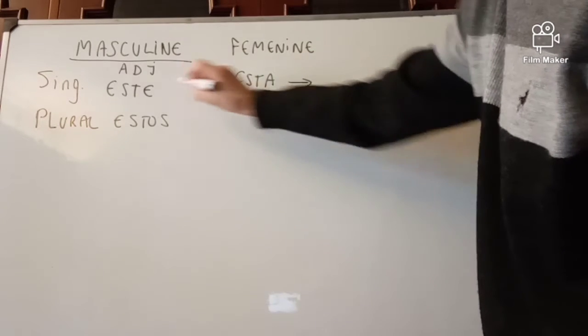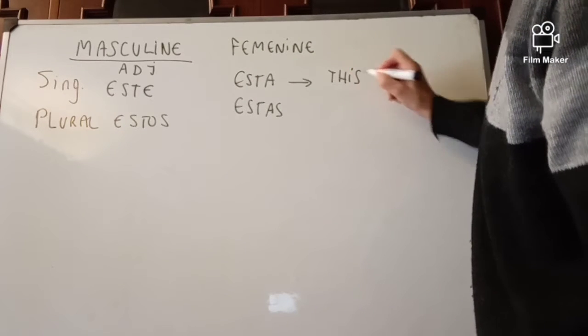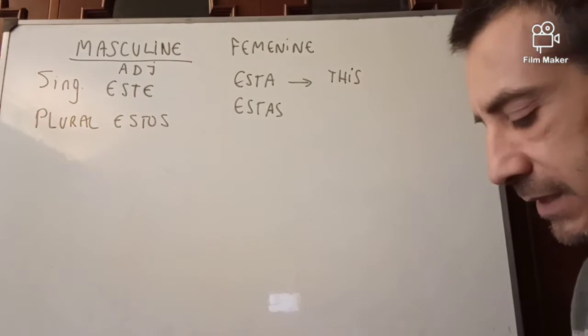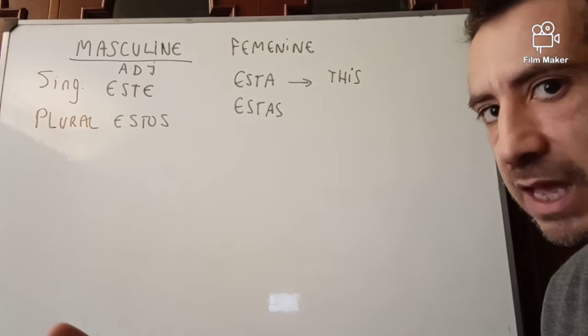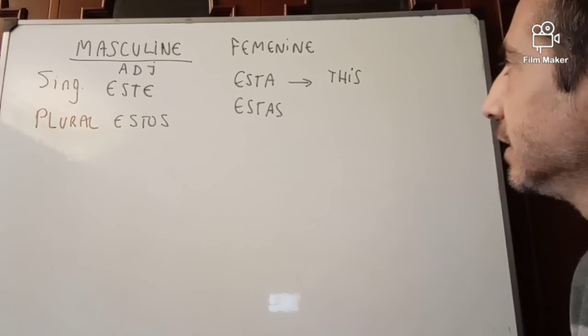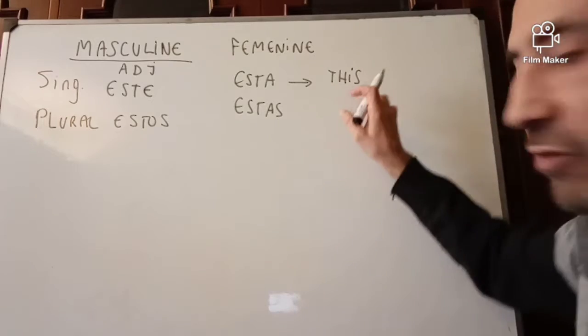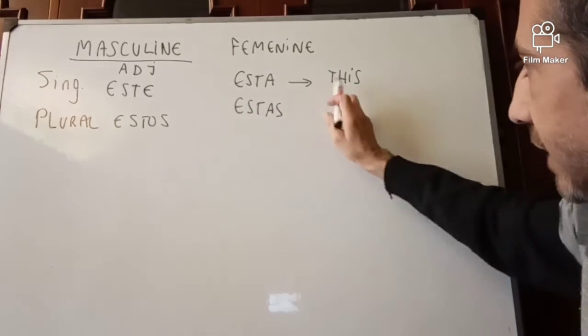These two mean this. It's the demonstrative pronoun to indicate that something is near us. Its counterpart would be that. We'll see it later. Este, esta, this.